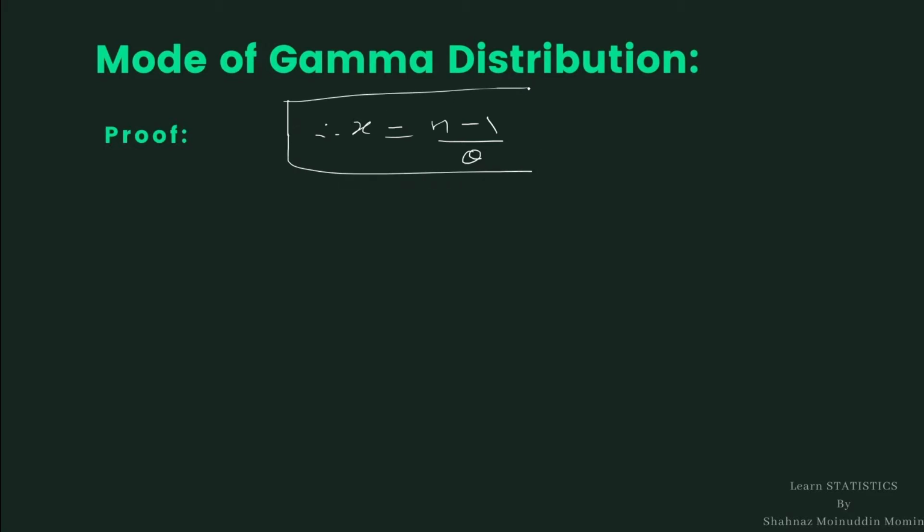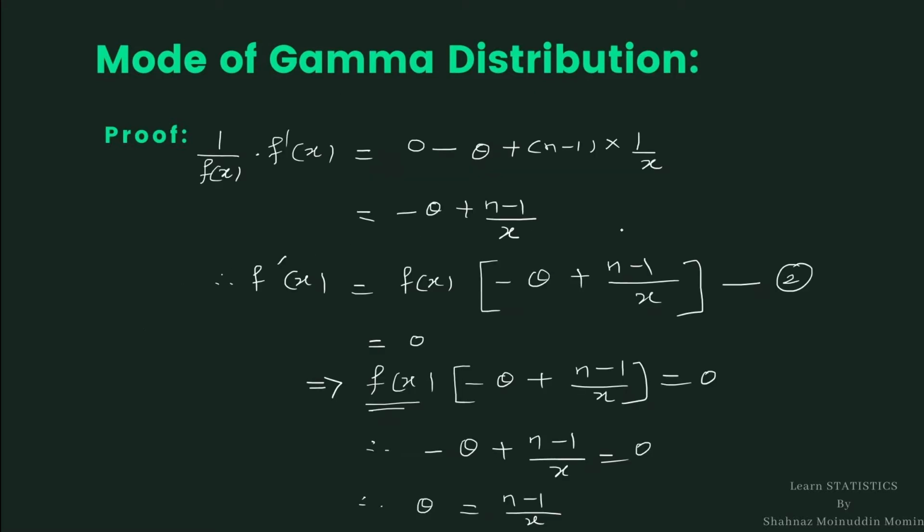Now we differentiate equation number 2 with respect to x again. This equation 2 is again differentiated with respect to x. We get, this is a composite function.